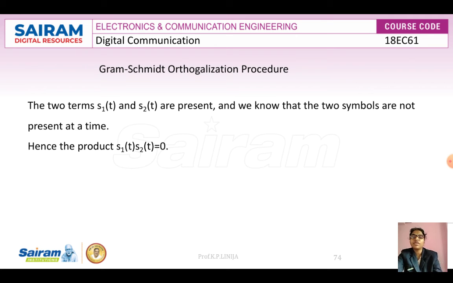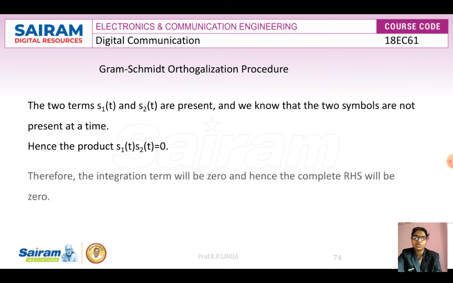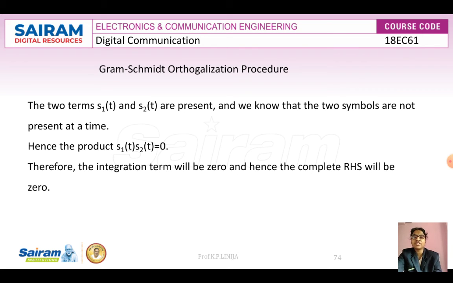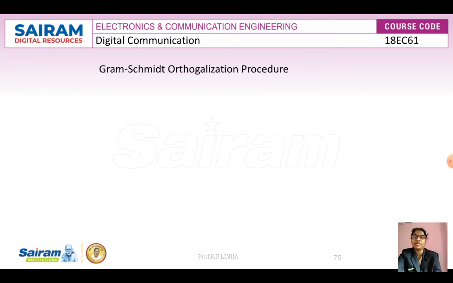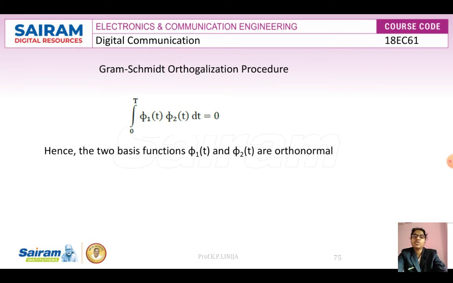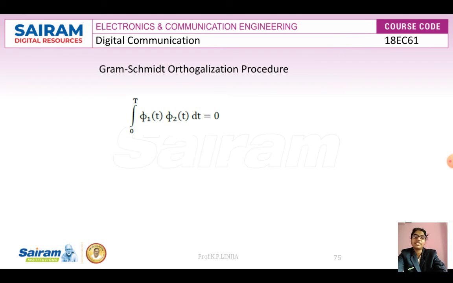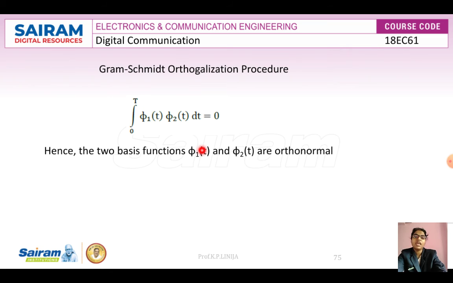Therefore, the product of s1 of t into s2 of t is equal to 0. Therefore, the integration term will be 0, and hence the right hand side will be 0. So we got the integral from 0 to T of phi1 of t into phi2 of t dt equal to 0. So we proved that the two basis functions phi1 of t and phi2 of t are orthonormal.